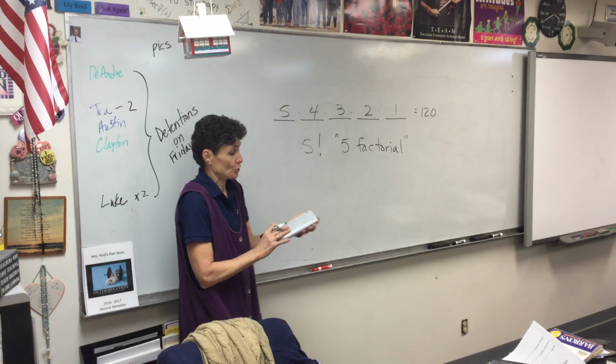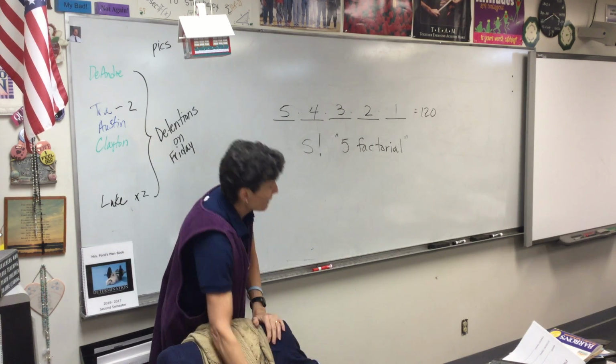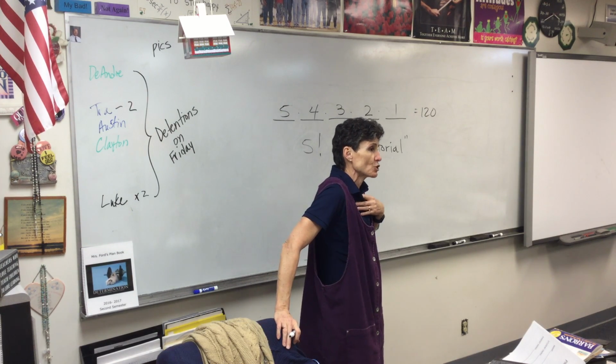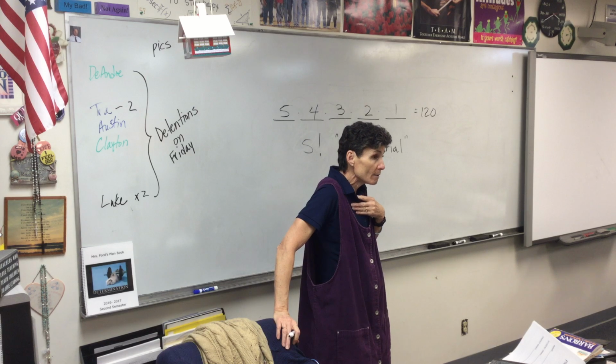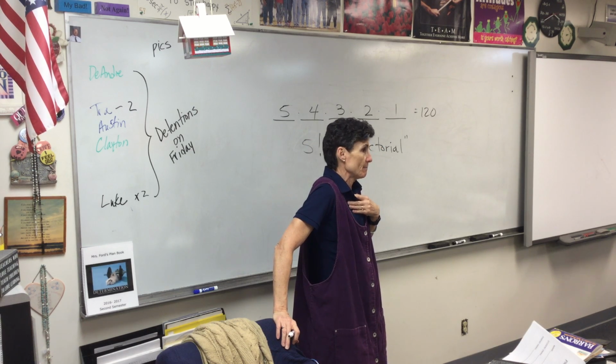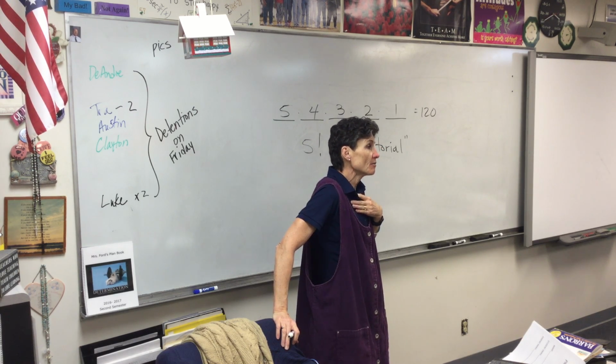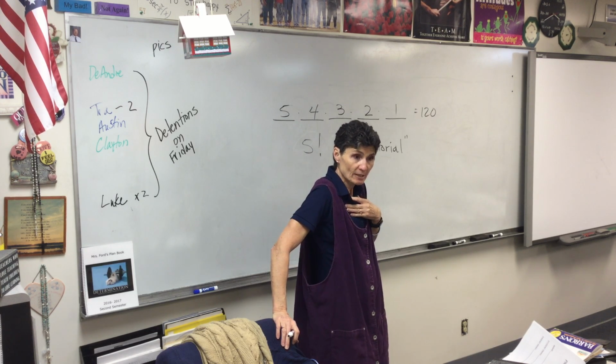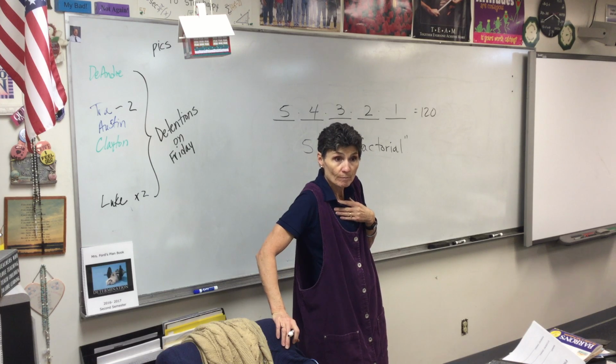So, when we talk about how many ways we can arrange things in a row, it's real easy. If there are n things, they can be arranged n factorial ways in a row.